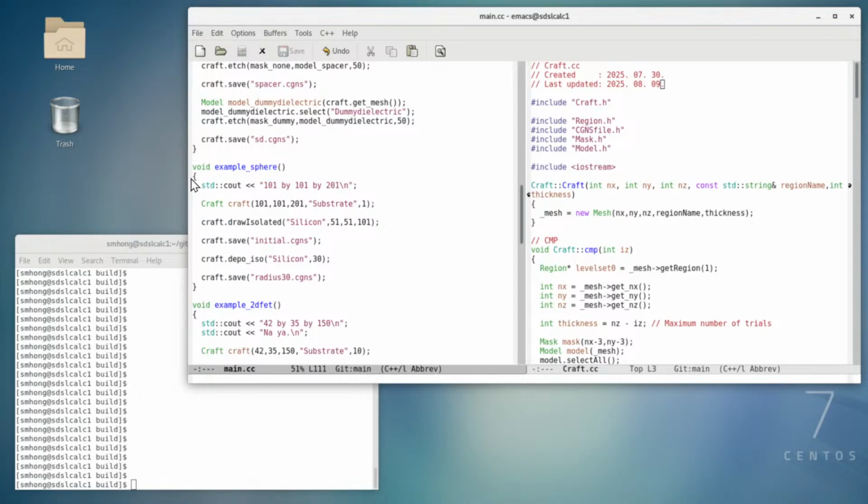For that purpose, I have introduced another example, underscore sphere. So in this case, we make just an empty space and, by using a special routine, draw one voxel at the position of 51, 51, and 101.